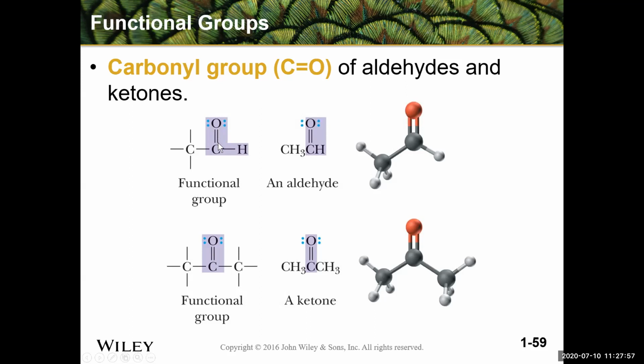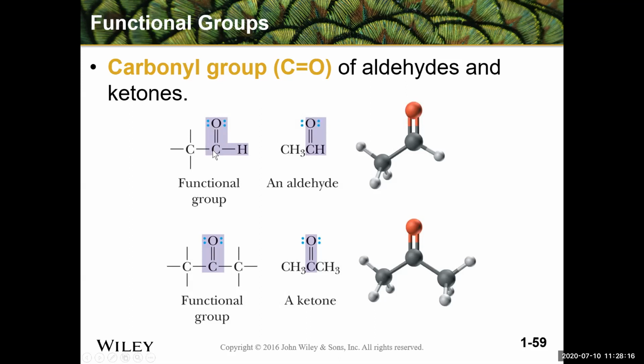There's a carbon-oxygen double bond, and a carbon has to have a total of 4 bonds. So 2 of these bonds are in the double bond, which means you have to have 2 more single bonds.